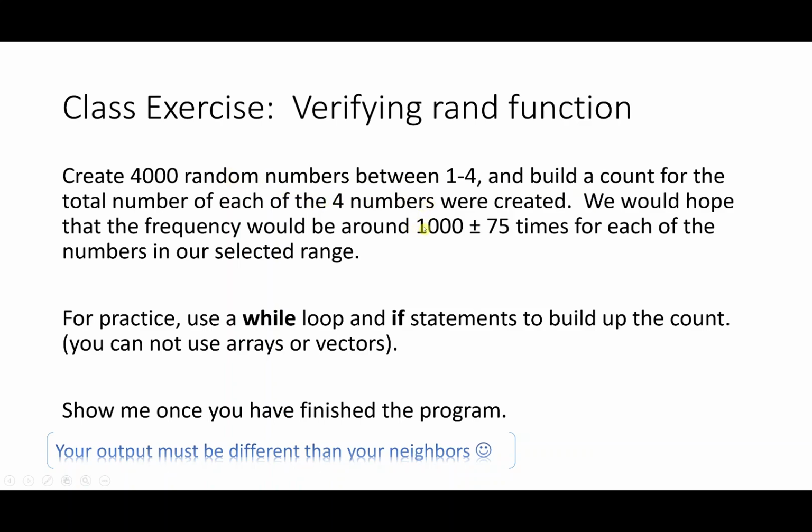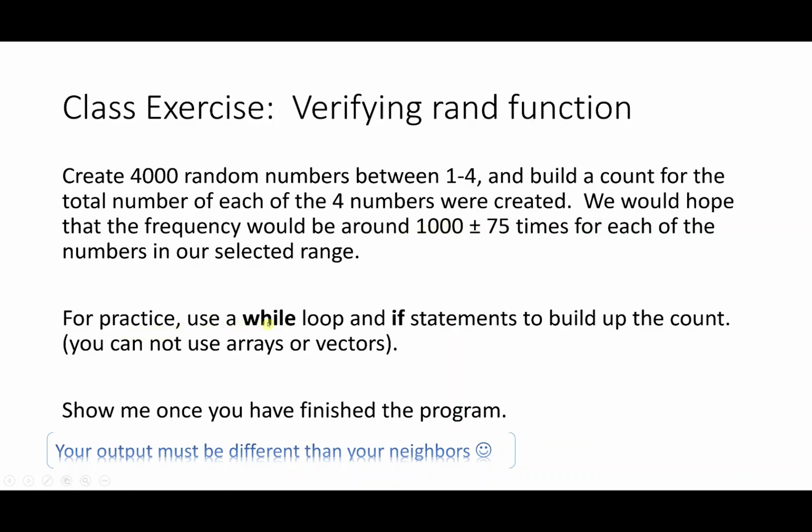Now you should get something like, for each variable, happening at least once, or maybe zero. But because we get random numbers from 1 to 4, we would expect the count of each random number to be around 1,000.